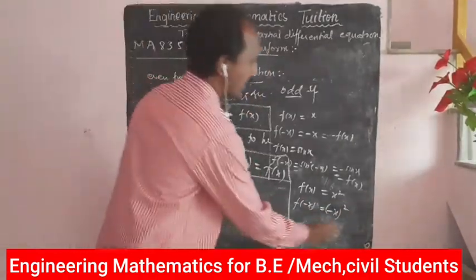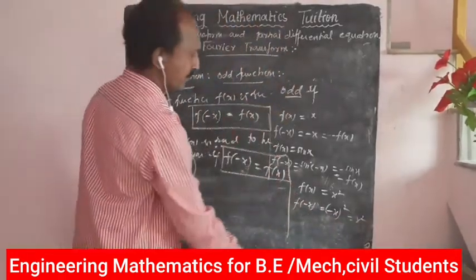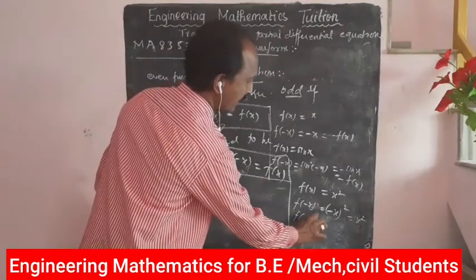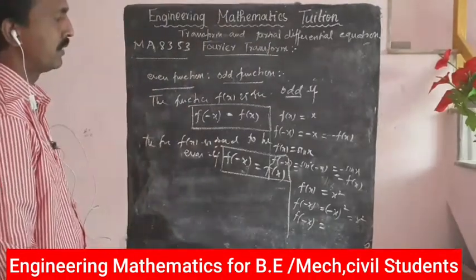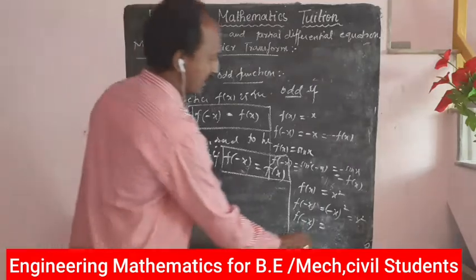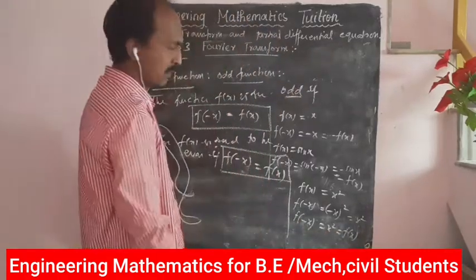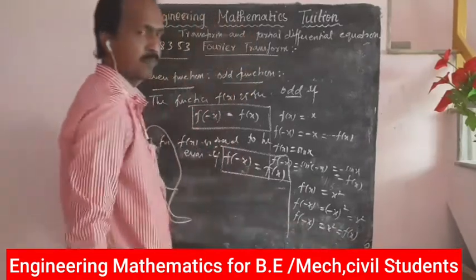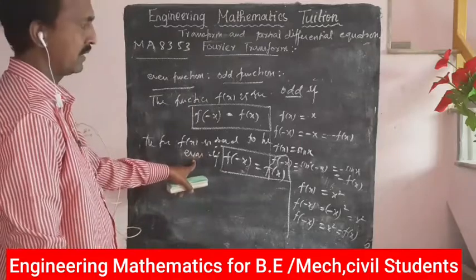So that is equal to x squared, equal to f of x. So f of minus x is equal to f of x. So f of x is even.